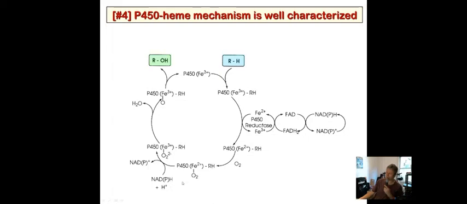And then there's another reduction step with NADPH and NADH, which will reduce. It does a two-step thing. It reduces the oxygen, and kind of through another step, it also oxidizes iron.